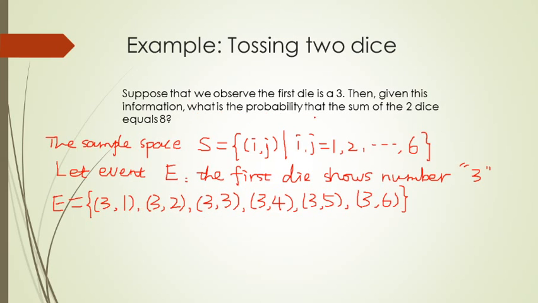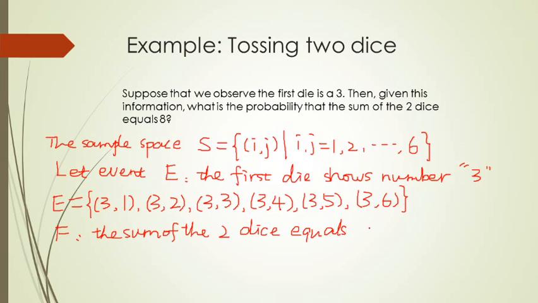What is the probability that the sum of the two dice equals 8? So we can let another event F be that the sum of the two dice equals 8.